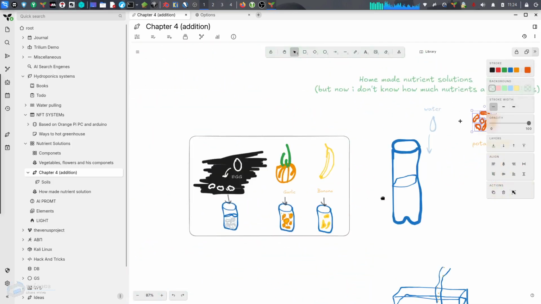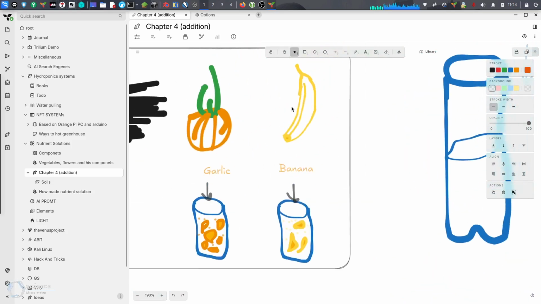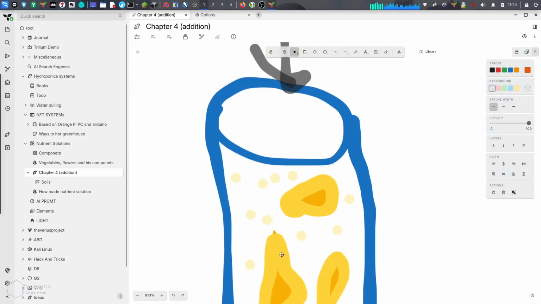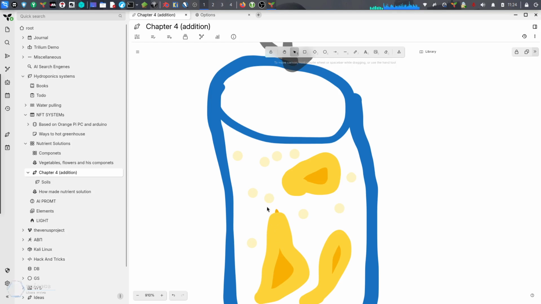Or use banana peels, put into water and wait, and nutrients from peels go into water.